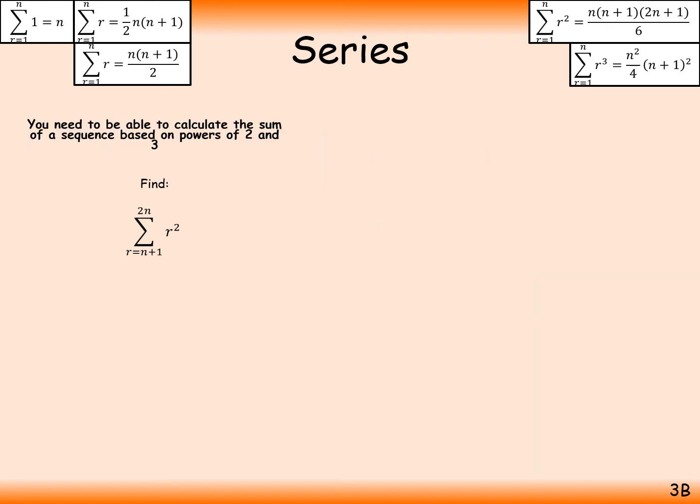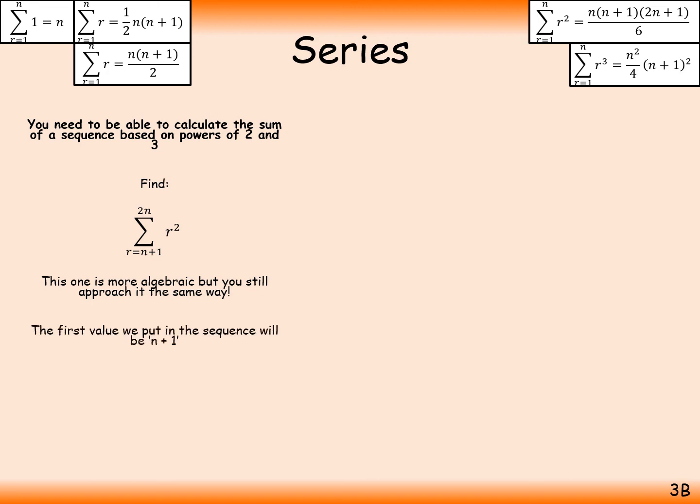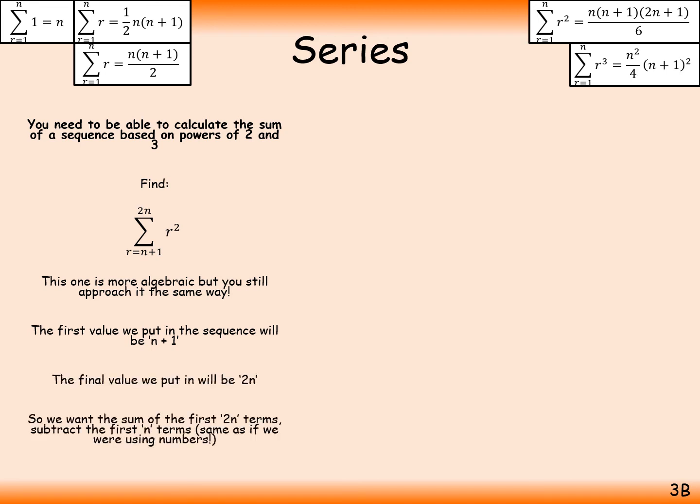Okay, so let's have a look at this one. This one we're starting from r equal to n plus 1 and finishing at 2n, and it's r squared. So this one is more algebraic. We still can approach it in the same way. The first value we put in the sequence will be n plus 1, and the final value will be 2n. So we want the sum of the first 2n terms, subtract the first n terms, same as we were using the numbers.